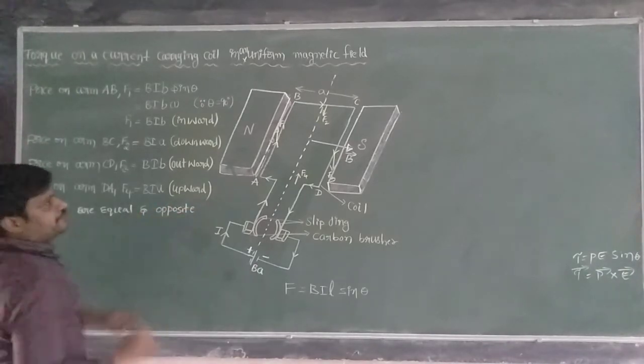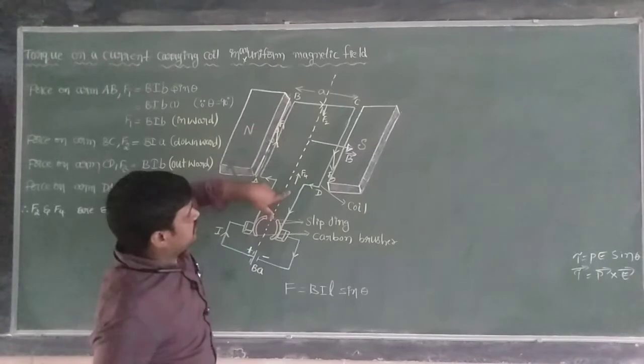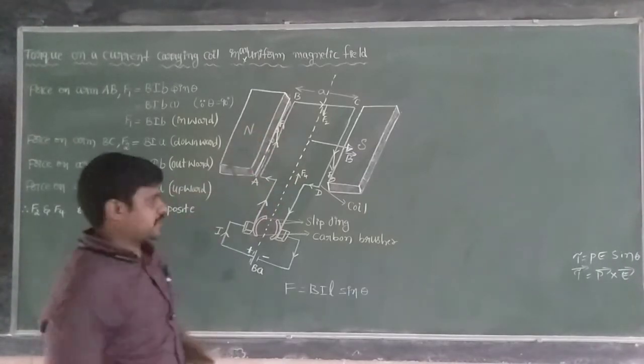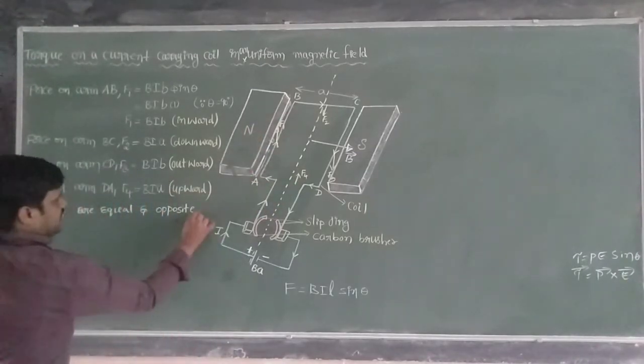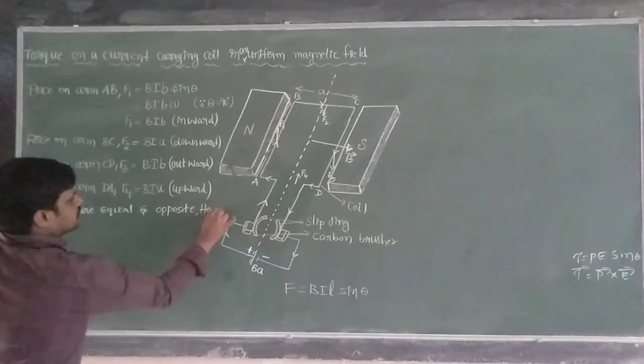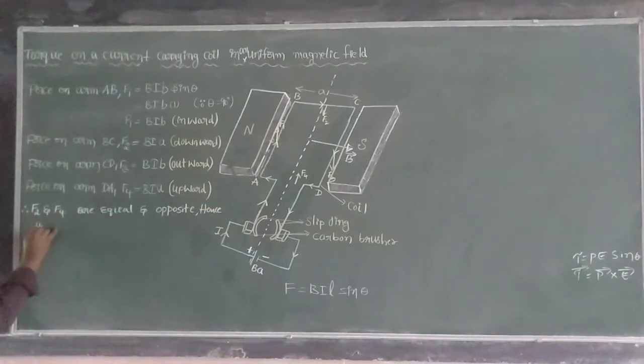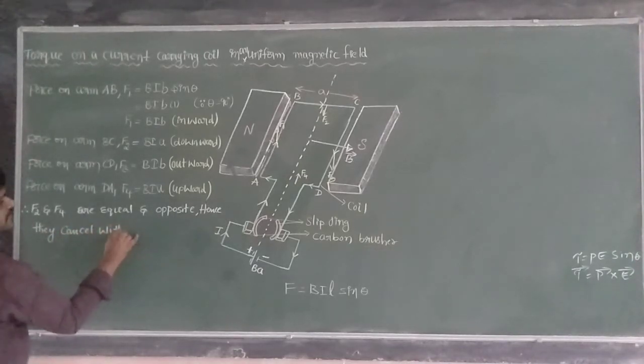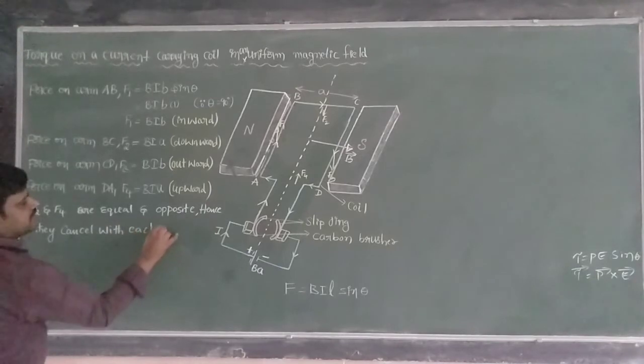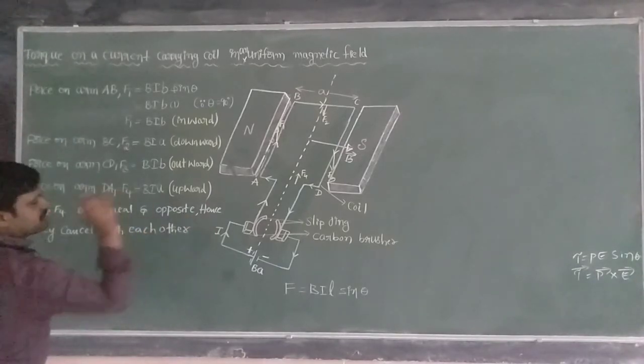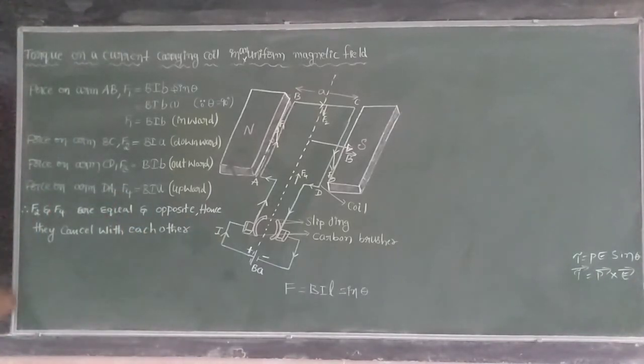F2 is acting in the downward direction, F4 is acting in the upward direction. Hence they cancel with each other. Next one.